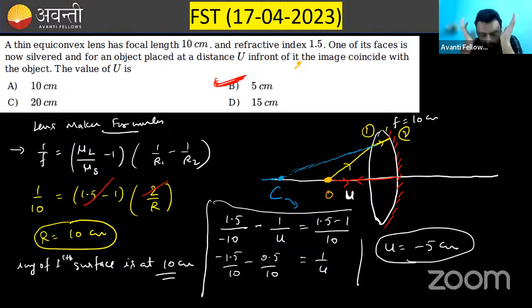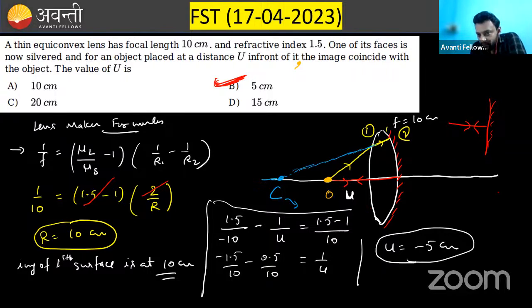So what you can learn from this question, that whenever the image is coinciding with the object, that means the two rays that you have started from the object must terminate at the object itself after the reflection or refraction, whatever is happening. Next thing, the ray will reverse its path. If there is a mirror and I strike a light perpendicular to it, then it will retrace its path.